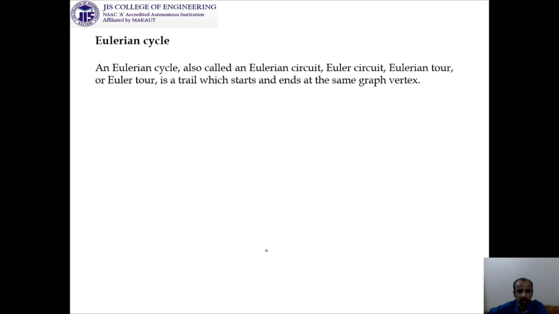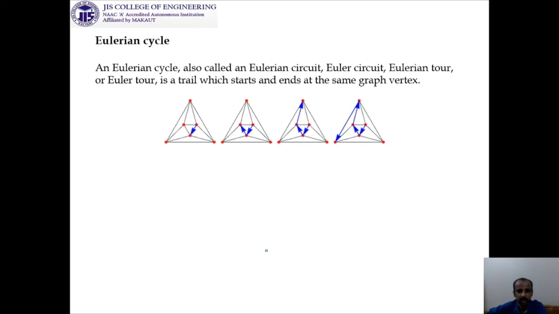Now we are entering into another discussion, which is Eulerian graph. Before that, we need the Eulerian cycle. So what we are stating, Eulerian cycle can be called Eulerian circuit, Euler circuit, Eulerian tour, and Euler tour, by various names.